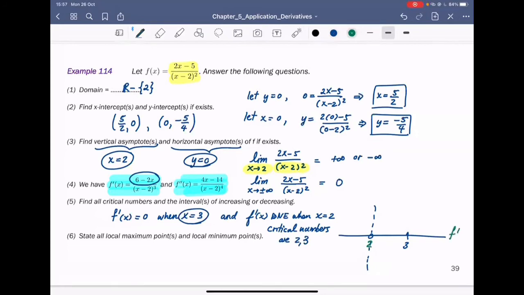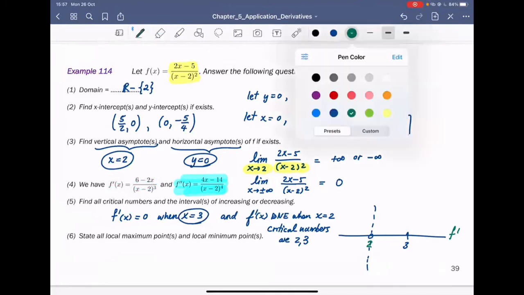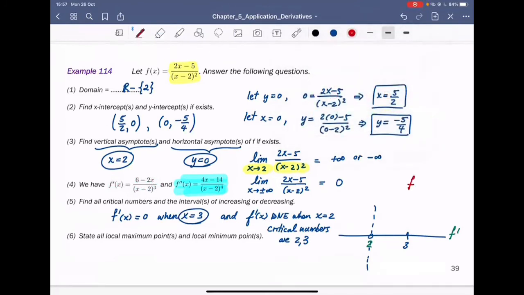This is f prime. We're going to figure out the sign. So what is going to be our sign here? For sure, when x is bigger than 3, I can plug in any big number. So let's look at the behavior here in red. I have f prime equal to 6 minus 2x over x minus 2 cubed.